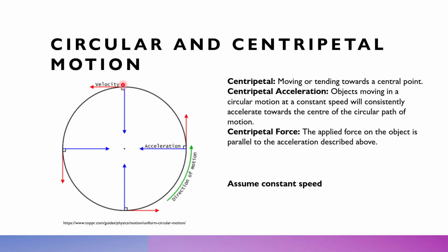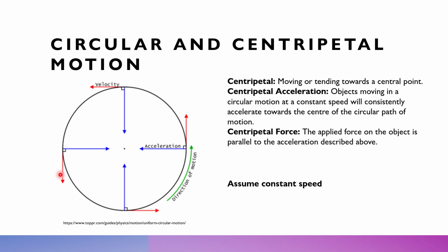And we can see here in this diagram that acceleration points in this direction. We have centripetal acceleration. So in scenarios where you do have an object moving in a circular path at a constant speed, there will be consistent acceleration inwards towards the center of the circle. However, as the object moves around the circle, the direction of the acceleration will change as well.